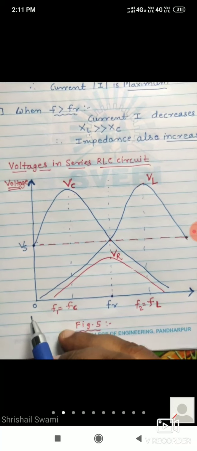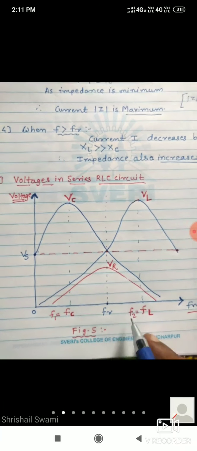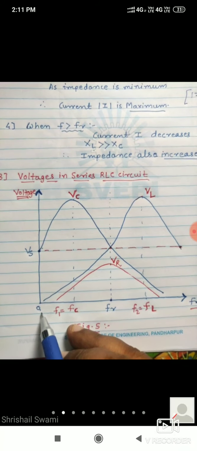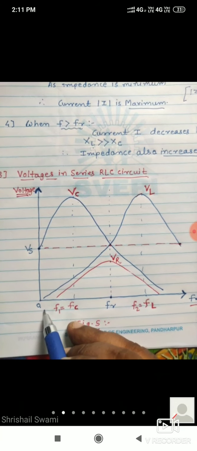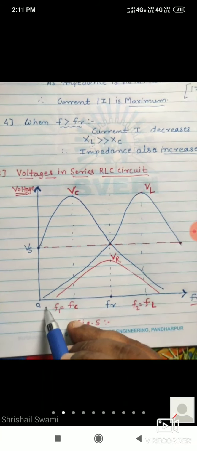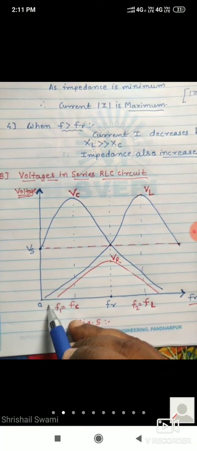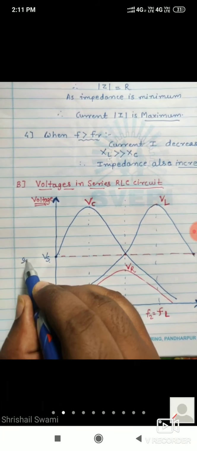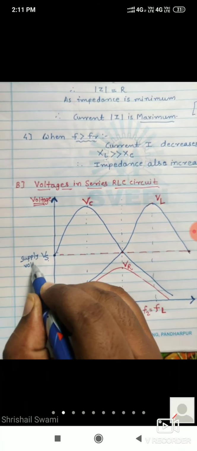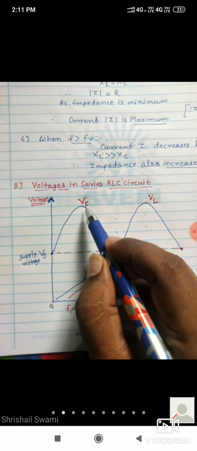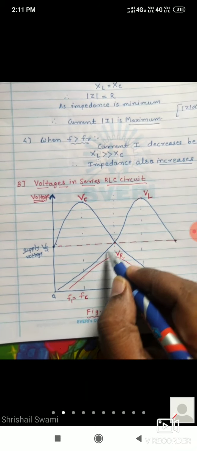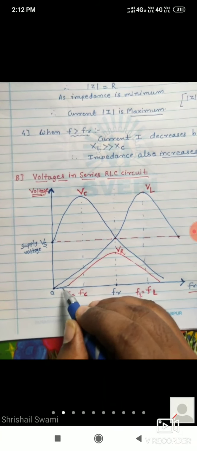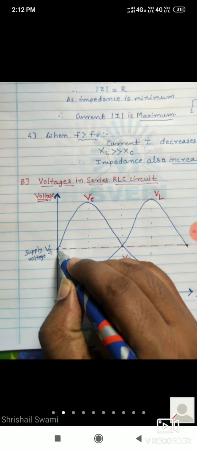When the frequency is 0, the value of frequency on the x-axis, at that point the voltage across resistor becomes 0, the voltage across inductor becomes 0, but as the capacitor becomes open circuit, the voltage across capacitor is nothing but the supply voltage Vs. So I will write here supply voltage Vs. The graph of VL will start with 0, resistor is also 0, connect here. And the value of VC will start with VS.